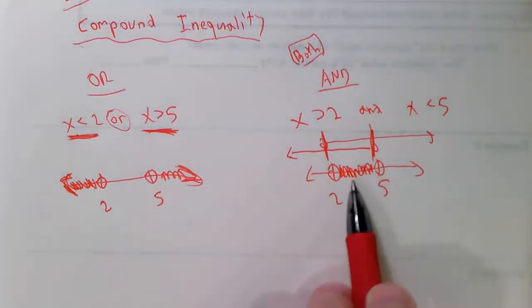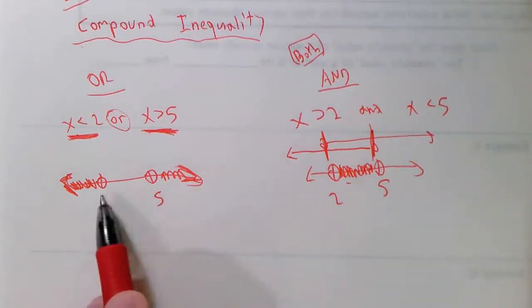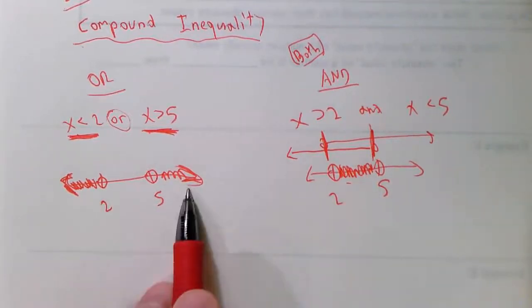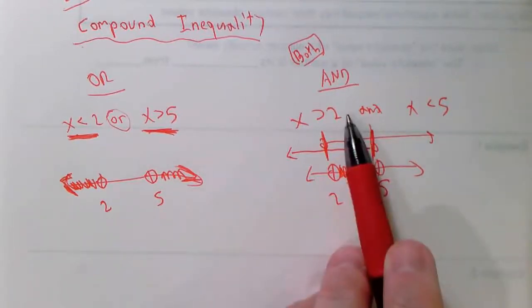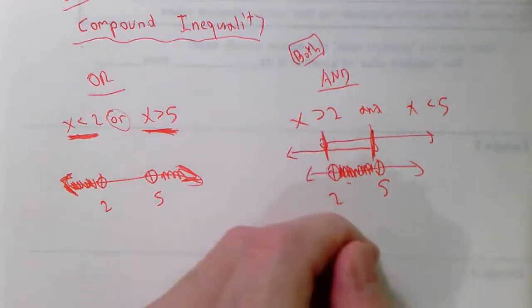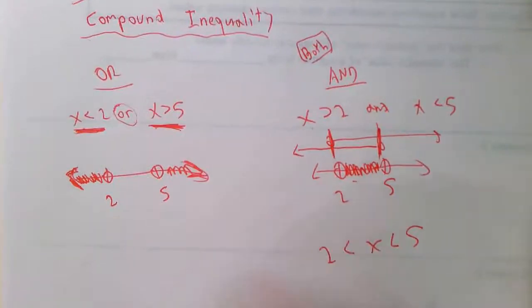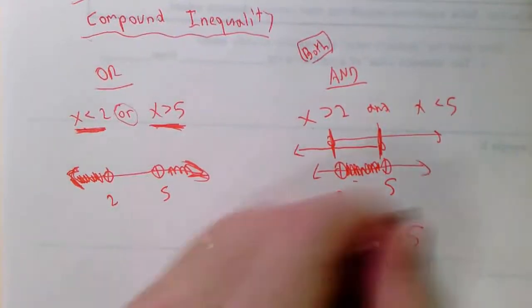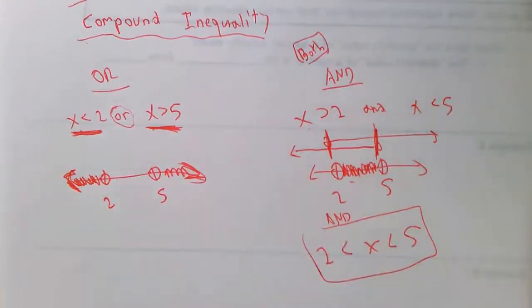Typically, an AND sentence is between two numbers, where an OR sentence has two parts. And you might remember from an earlier day that an AND sentence can be written a different way than two parts. It can be written like this, remember? X is greater than 2, less than 5. This means AND. All right, so that's a little review of compound inequalities.